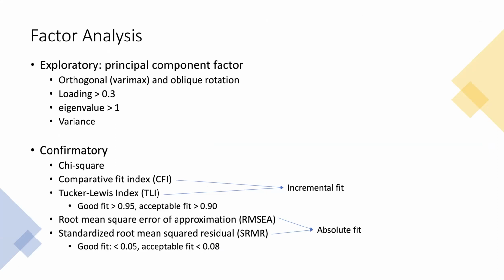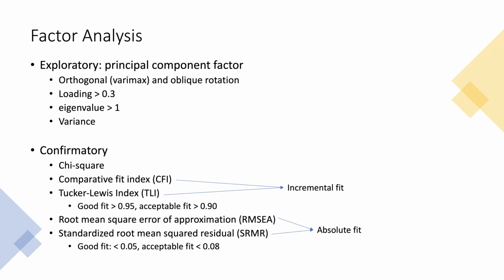For the oblique rotation, the factors themselves can correlate. You want to look at each question that loads onto a factor more than 0.3. If it's less than 0.3, then we can just ignore that, because that question is not loading onto that factor at all.